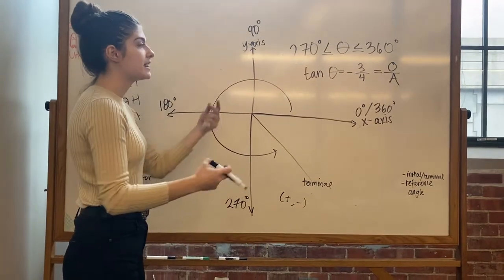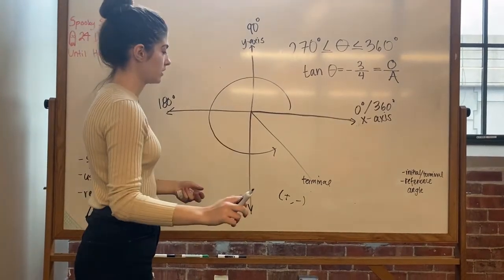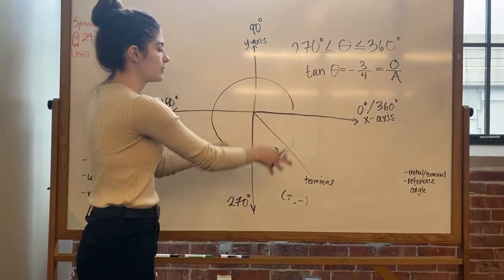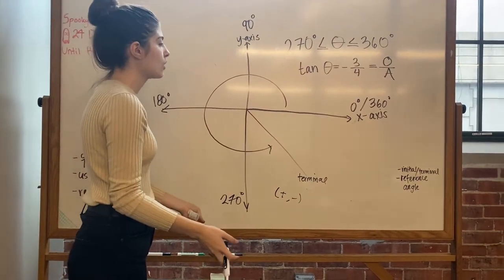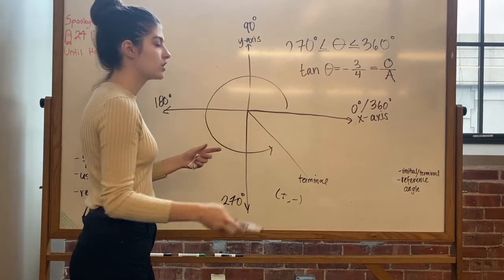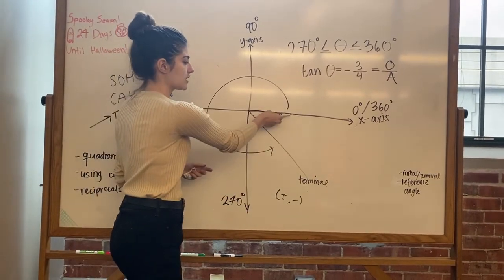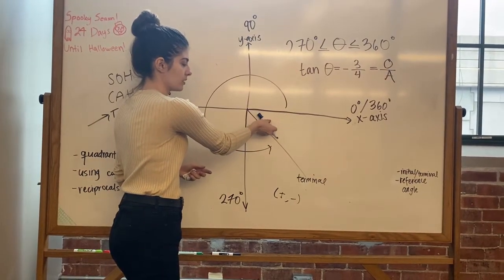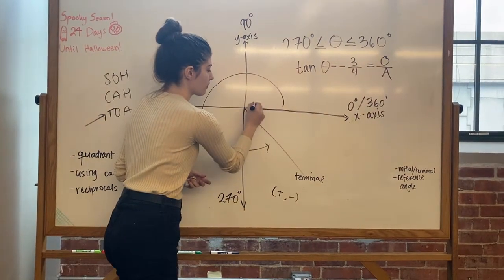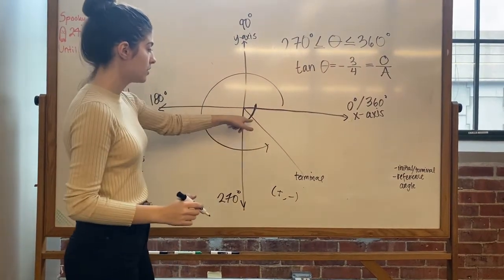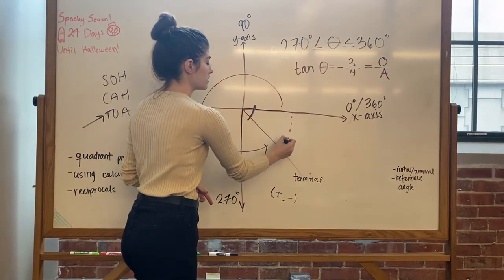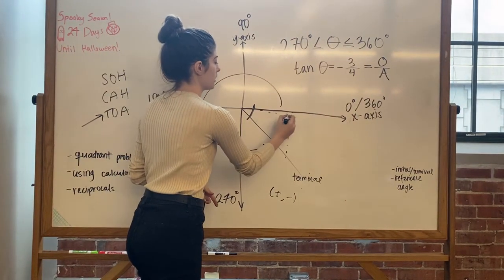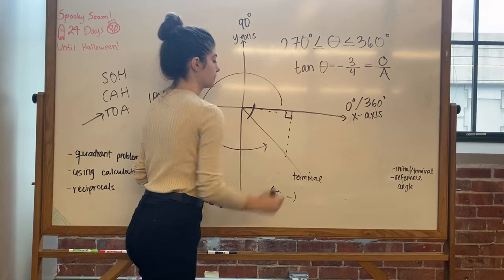So now, this is why the reference angle is important. Where's the opposite from here? Where's the adjacent from here? Where's the triangle, right? Well, we know that our reference angle is always between our x-axis and our terminal side. So this is our reference angle right here. And now we can go like this, and like this, and make a right triangle right here.